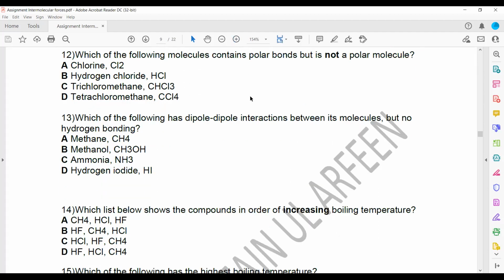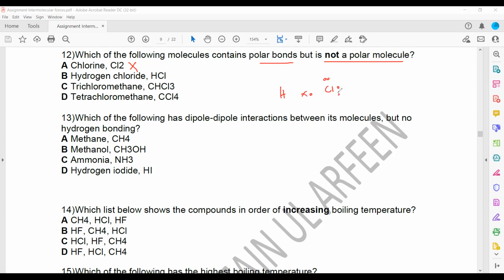Another question, question 12. Which of the following molecules contain polar bonds but is a non-polar molecule? The bond should be polar, but the molecule should be non-polar. When we check chlorine, because of the same electronegativity, the bonds will be non-polar. When we check HCl, the bonds will be polar and the molecule will also be polar because the net dipole moment does not cancel out.